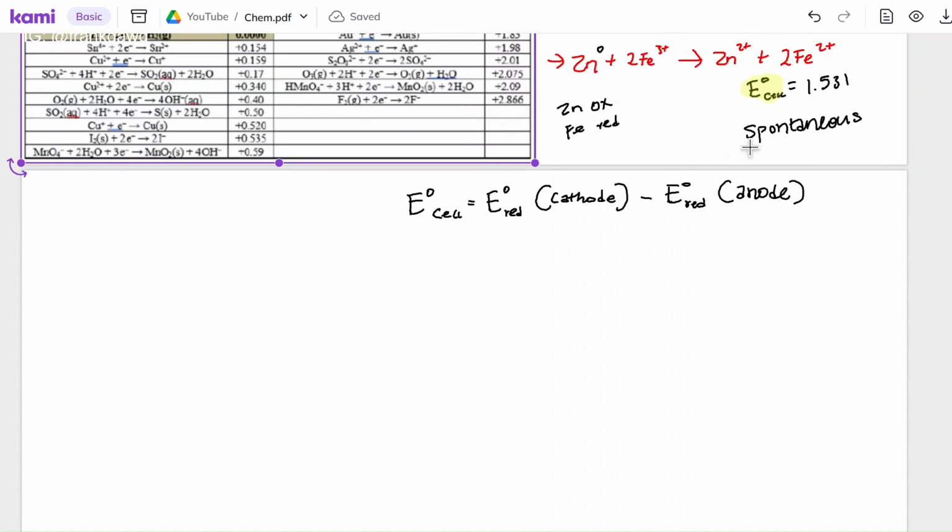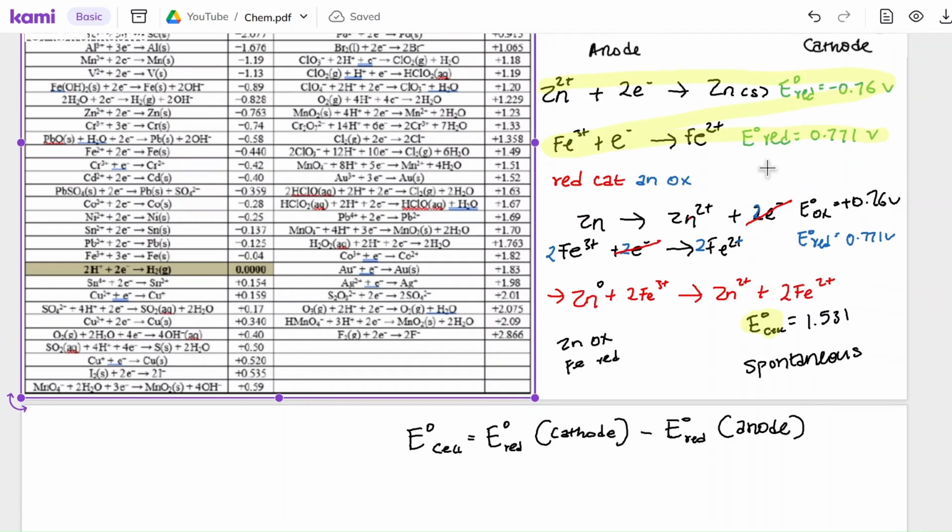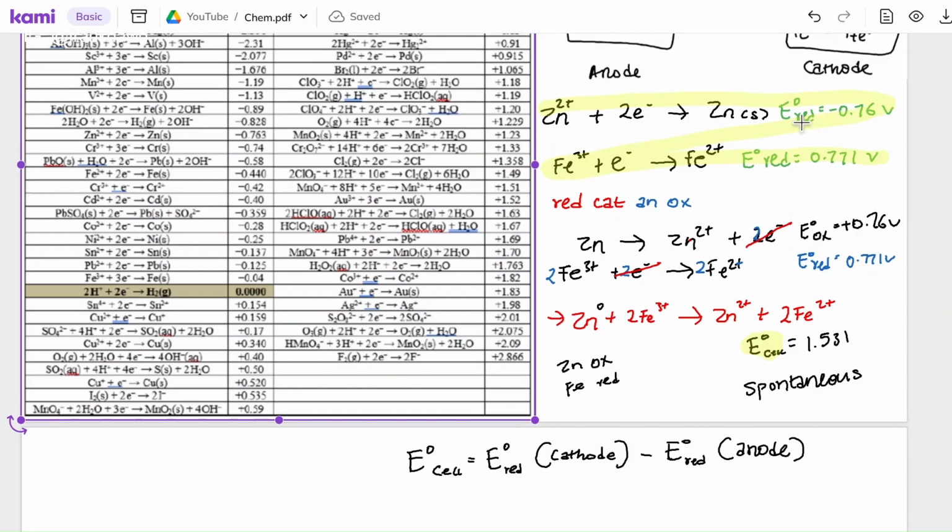By the way, it's reduction, so let me label that as well. This formula is essentially saying what I explained earlier about how the anode is the one with the lower E reduction value. It doesn't even have to be negative, as long as 0.76 is less than 0.771, this is going to be oxidized.